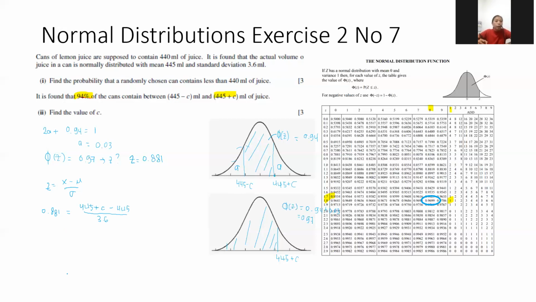So here I can cancel the value of 445 and I get the value of C left as the product of 1.881 times 3.6, and it equals 6.7716. Okay, so that's our value of C.